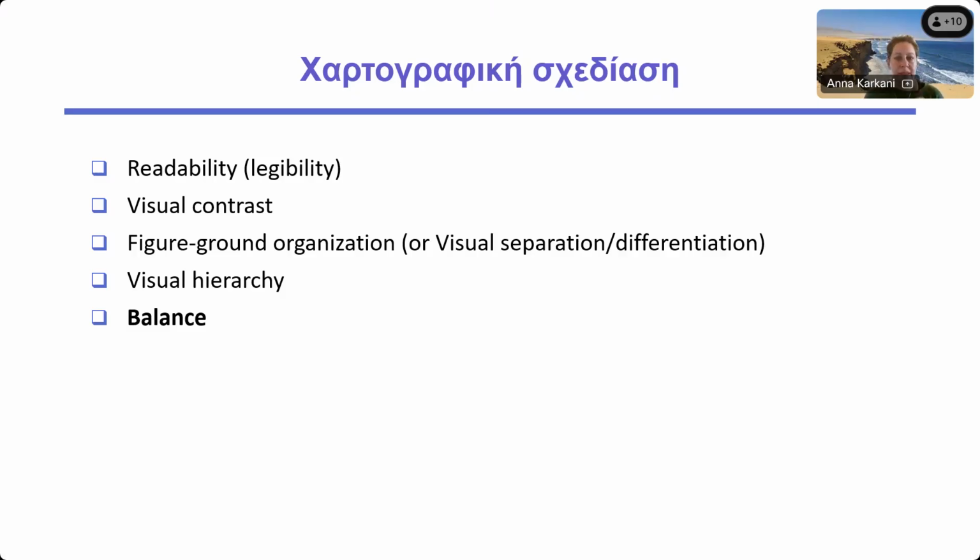So there are different things that we can try and do in order to have some balance on our map. We want to try and create something in the end that is not too dense or that shows that there is a lot of white space without meaning around our final layout, okay?